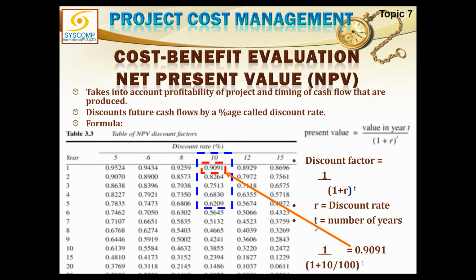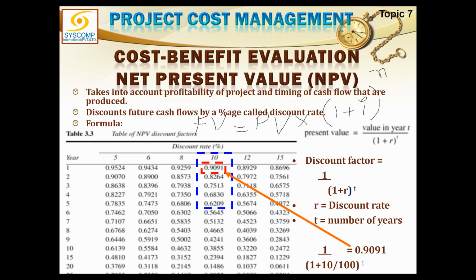The formula is: future value is equal to present value multiplied by (1 plus interest rate) raised to the power number of years.